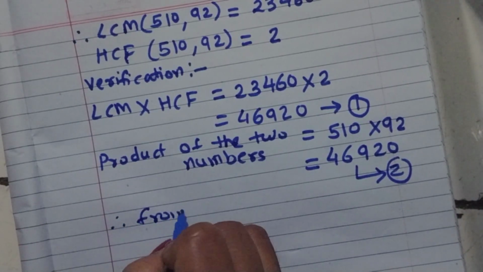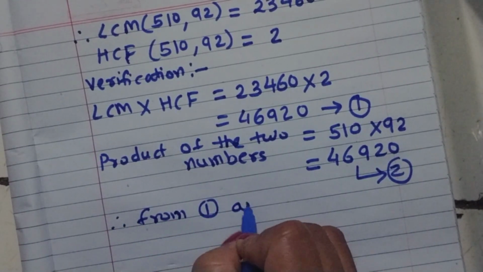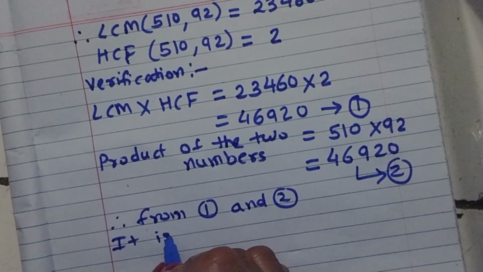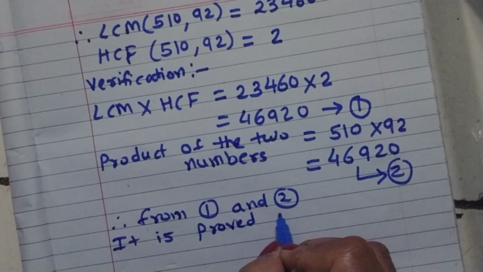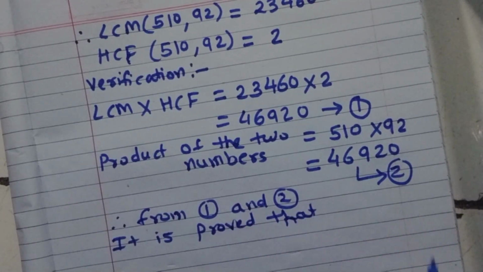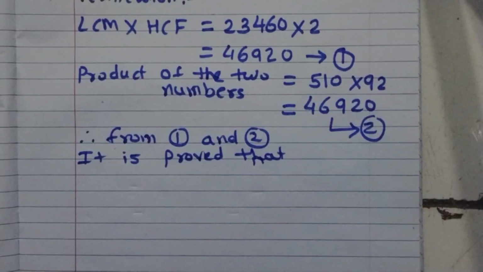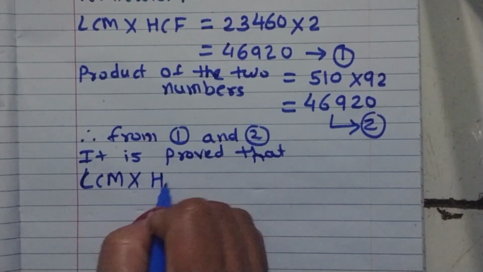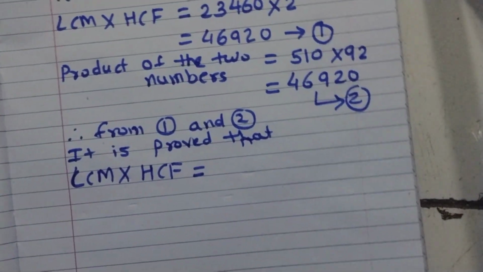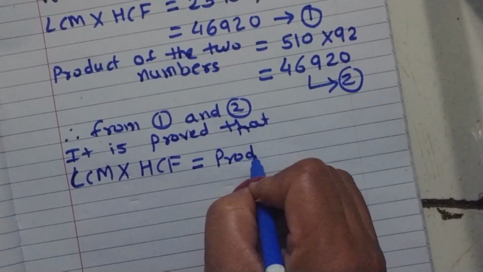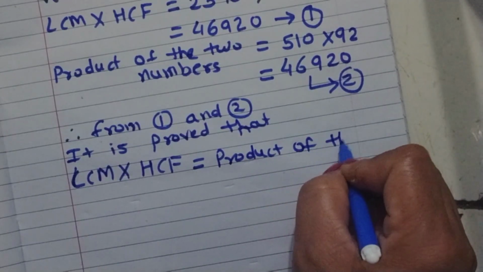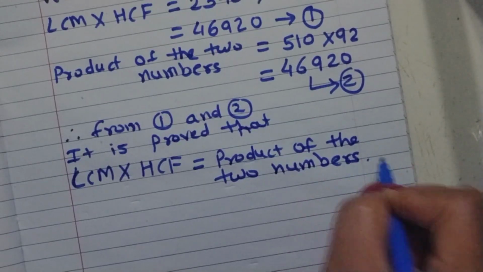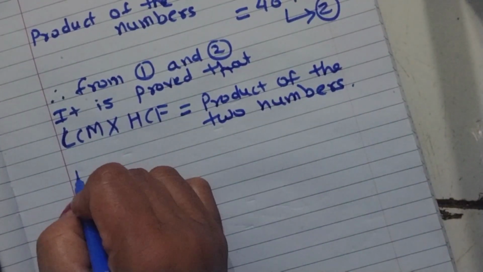Therefore, from 1 and 2, it is proved that LCM multiplied by HCF is equal to the product of the two numbers. Hence proved.